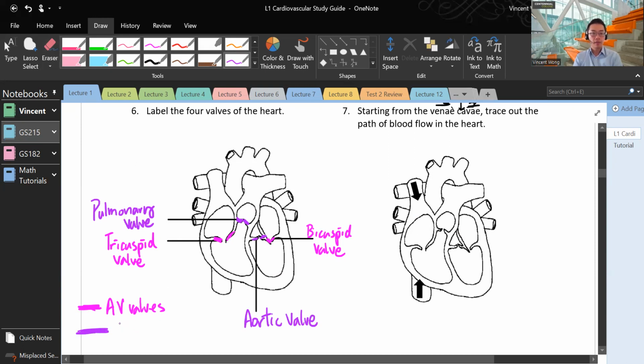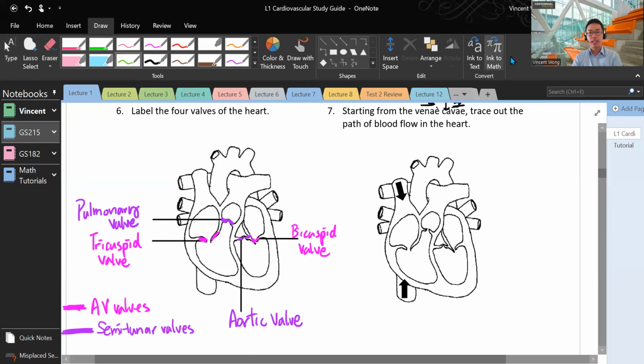And collectively, they are the semilunar valves. Hope that makes sense. Again, just ask questions if you have any.